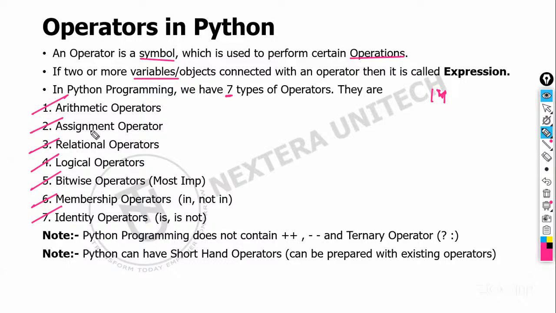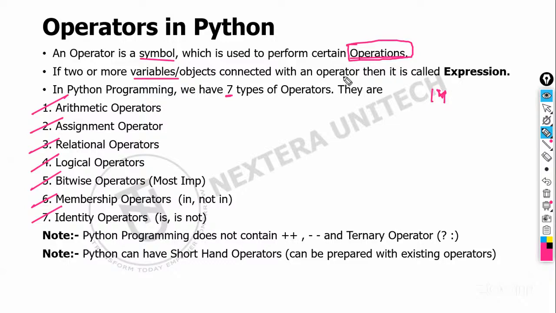So what exactly is an operator? Operators are nothing but symbols which help us to perform operations. Whatever operation you want to do, accordingly we have to use the right operator, and that will ensure the operation is done. Then what is an expression in Python?